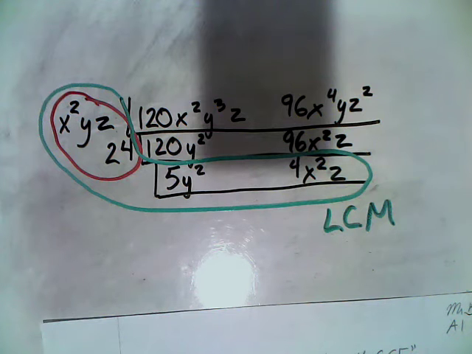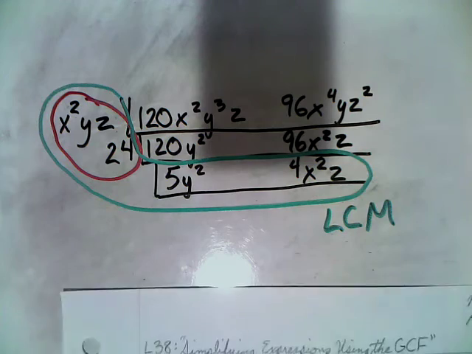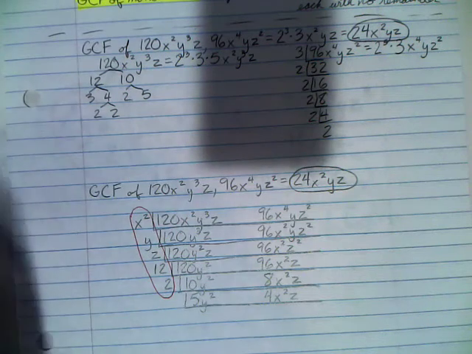So that's a nice little trick there. You get to the LCM and the GCF quickly. So again, ladies and gentlemen, I don't really care which of these 2 methods you use generally, whichever you find easier.